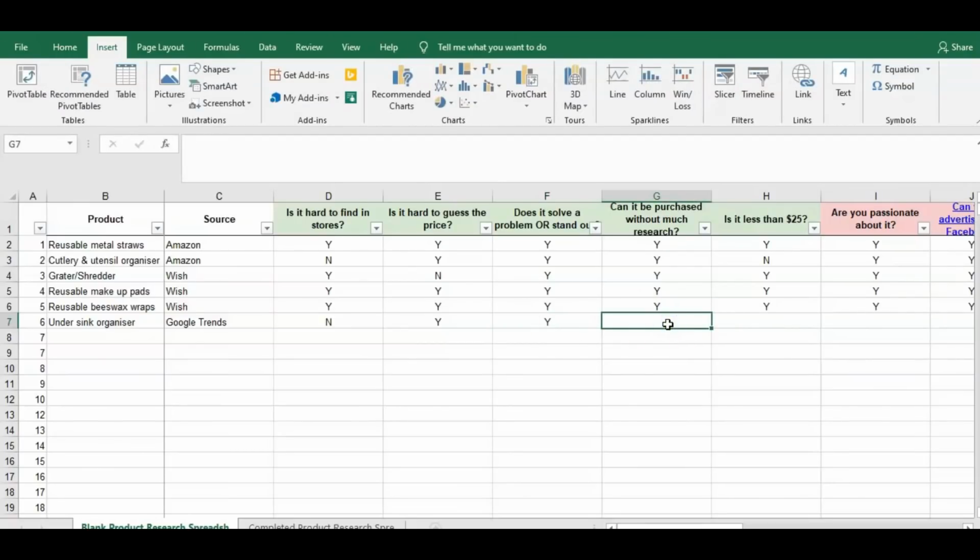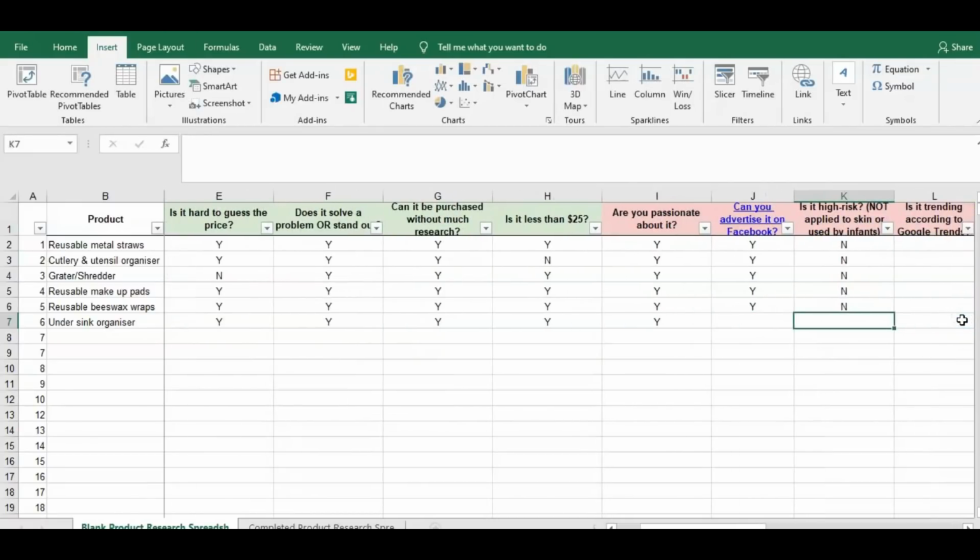I think it probably can be purchased without much research. It's not as if you need to go and find out what these kinds of items do. Can be less than that amount of money. I wouldn't say I'm passionate about it, but obviously it fits within my genre. I probably wouldn't advertise it on Facebook, but yes, I can. It's not high risk and it's trending.